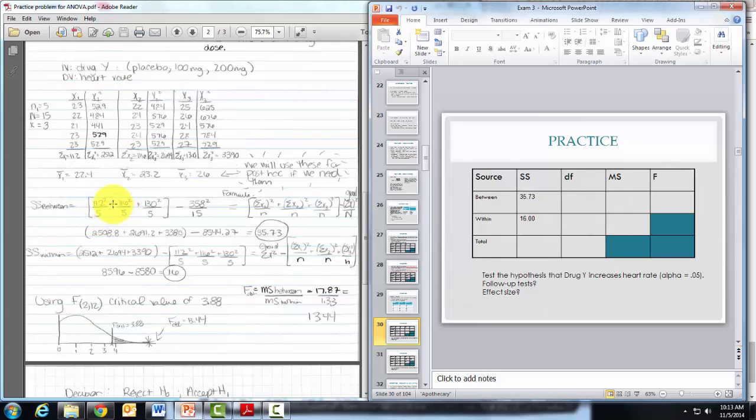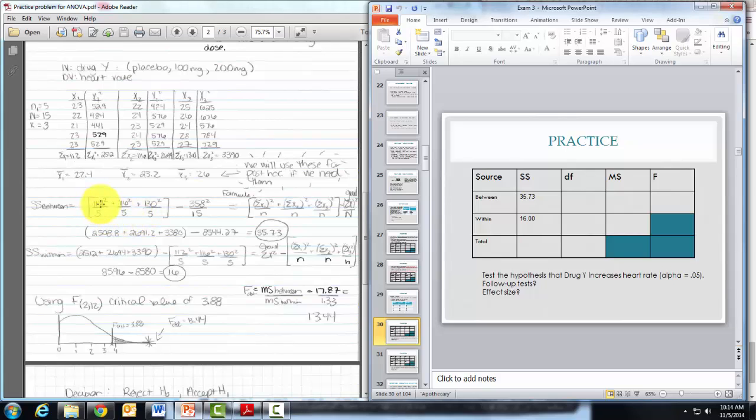Then I'm going to add my second group, sum of x, which is 116. I'm going to square that and divide by 5, the number of raw scores in that group. And because I have 3 groups, I'm going to do the sum of x for the third group, which is 130, square it and divide it by 5. So this is the number that goes inside these brackets. You're going to do all of these operations first.